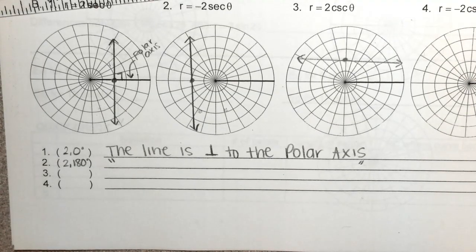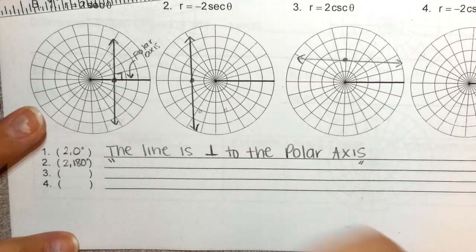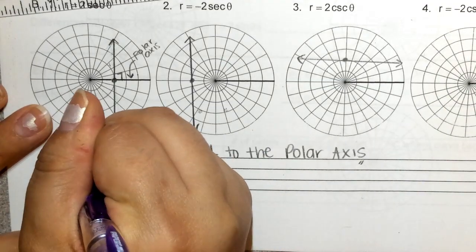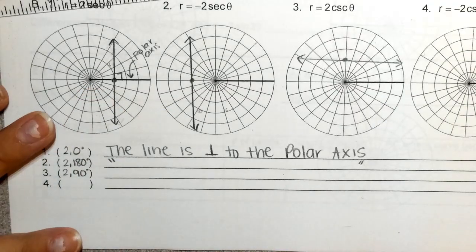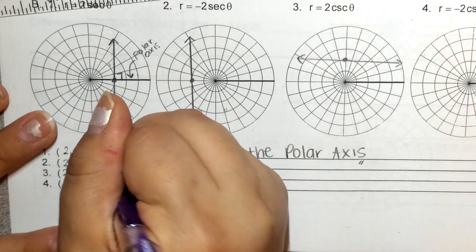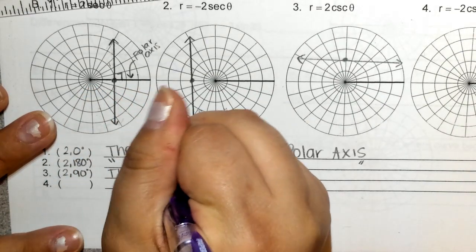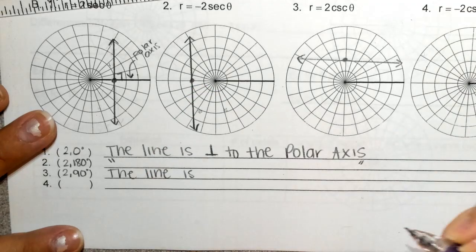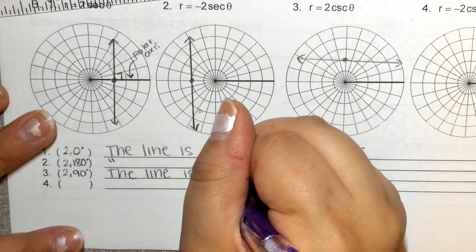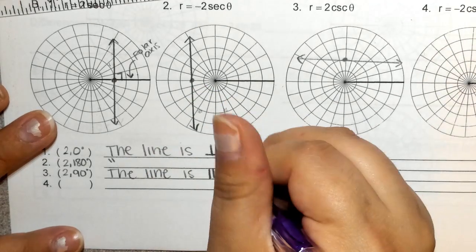What point does this go through? 90. And what about this line? Write this down, please. The line is parallel. That's 2 L's. That's my shorthand. Well, everybody's shorthand.